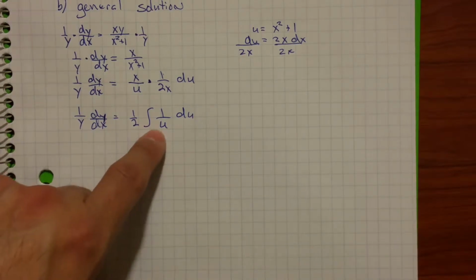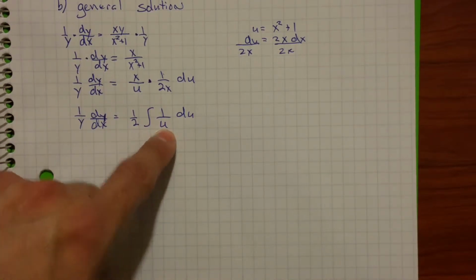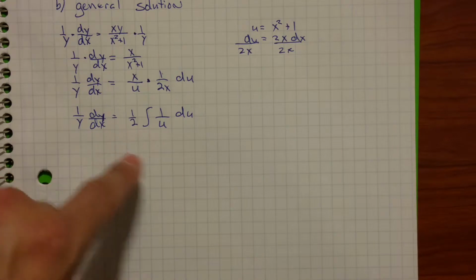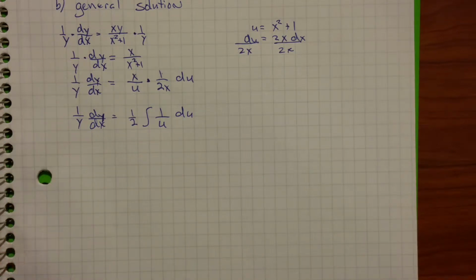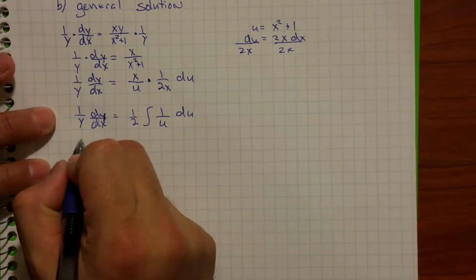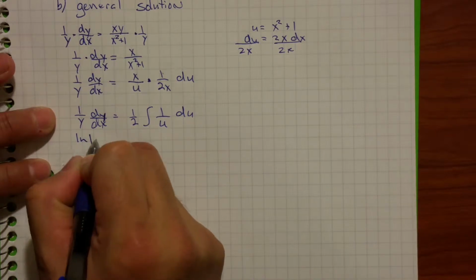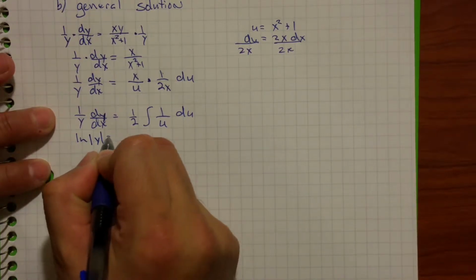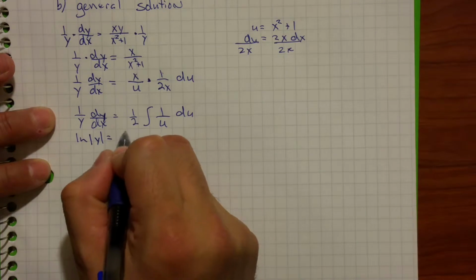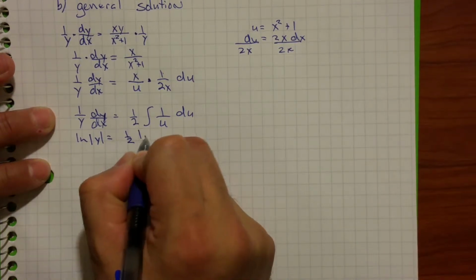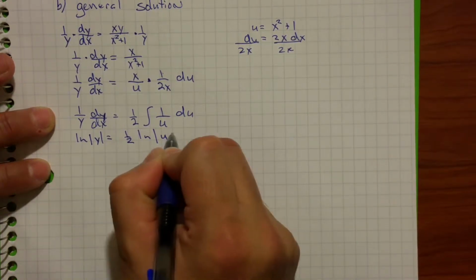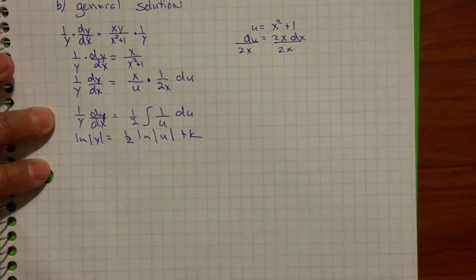Now I could do the integration of this and of this, so they're both going to be pretty simple integrations. So I'm going to get ln y equal to 1/2 ln of u plus k.